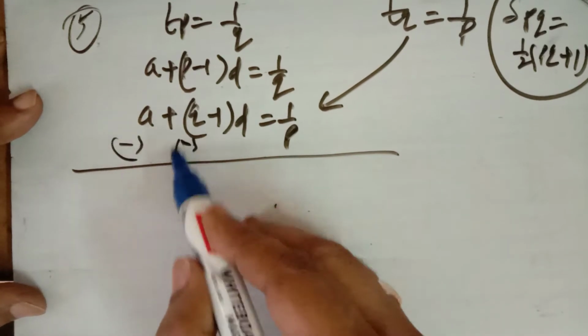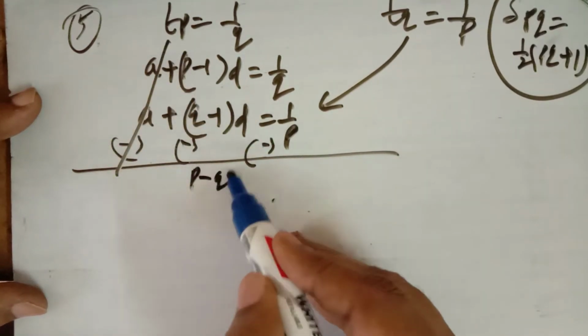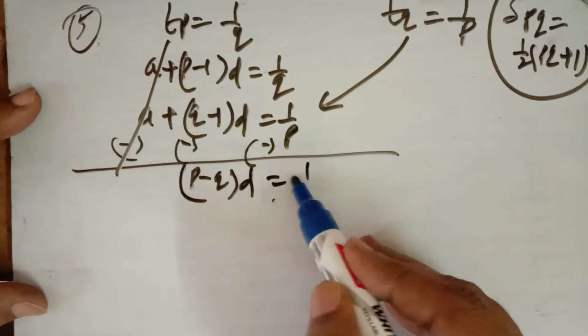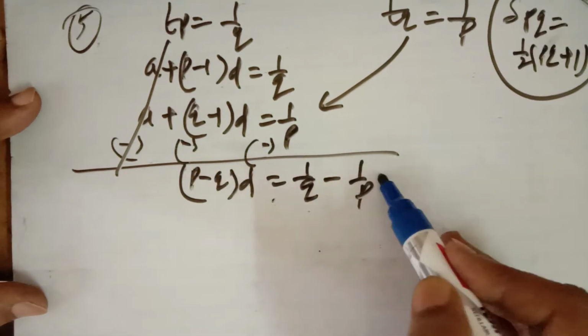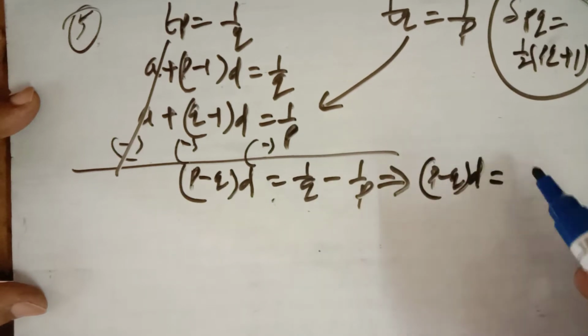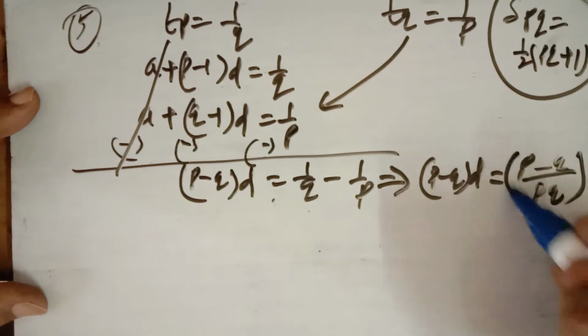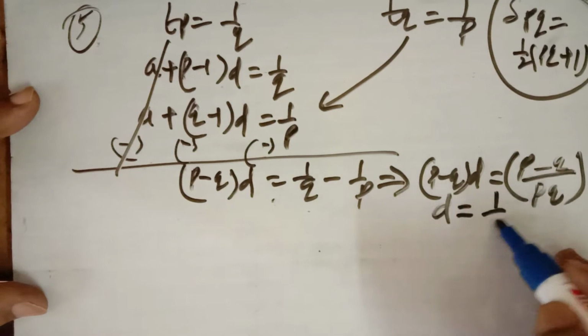You have done this question in class 10th also. a will cancel, (p minus q) into d will come, equal to 1 upon q minus 1 upon p. When you solve this, (p minus q) into d is equal to (p minus q) upon pq, and the common difference will be 1 upon pq.